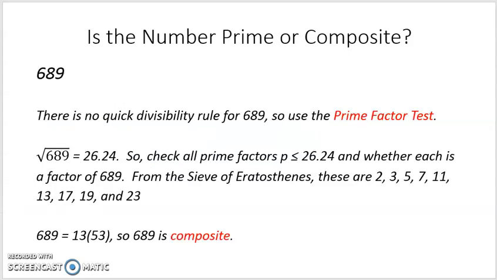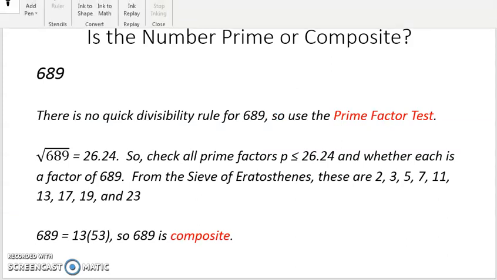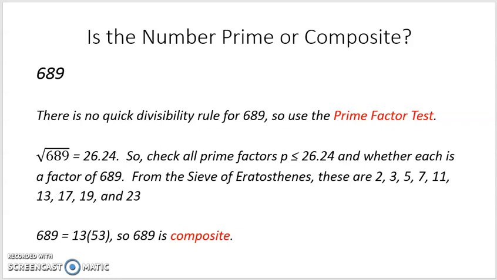The next number we'd like to consider is 689. Off the top of my head, I don't know if it's prime or composite. Again, that's what divisibility rules do. I know that this number is not even, so it's not divisible by 2.